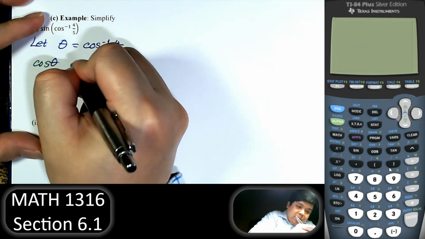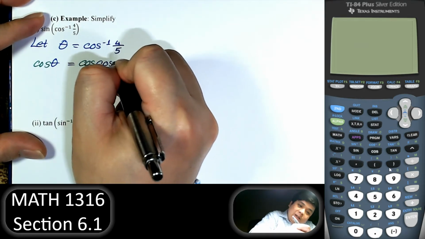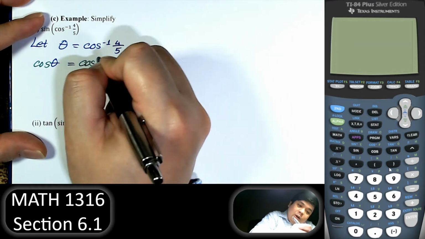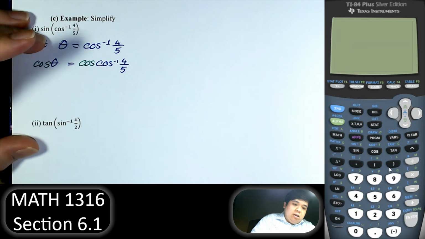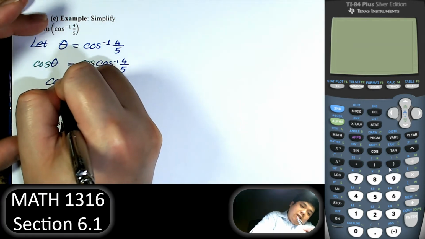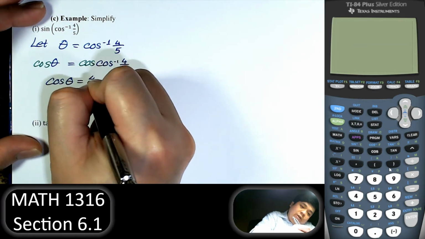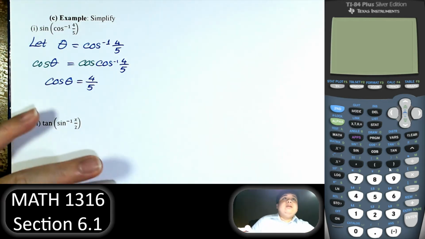We do that because cosine and cosine inverse cancel out, and so we have cosine of theta is equal to 4/5, right?